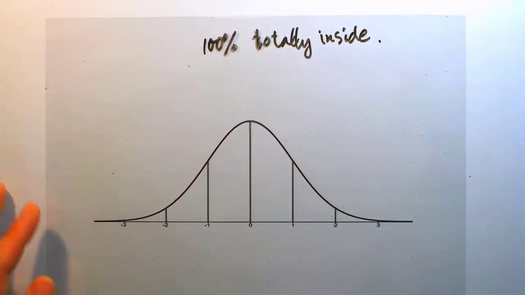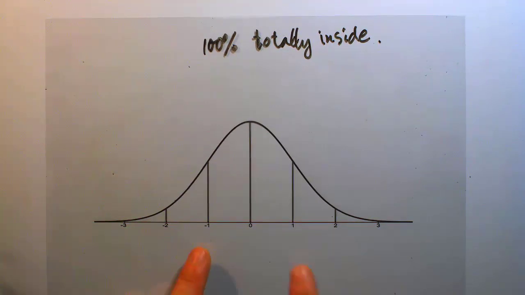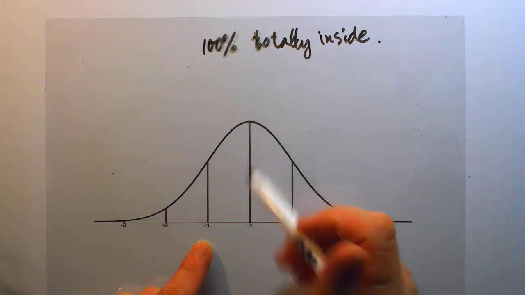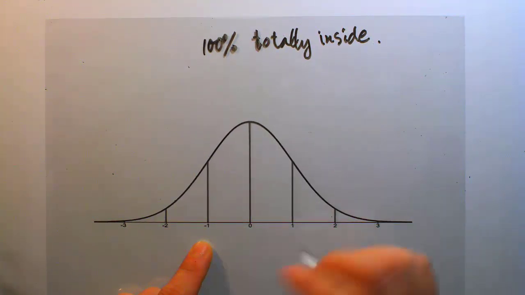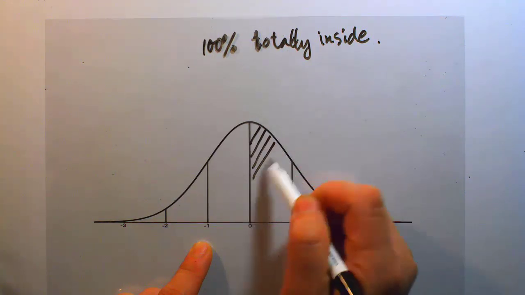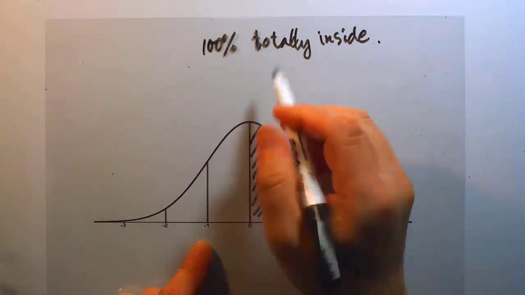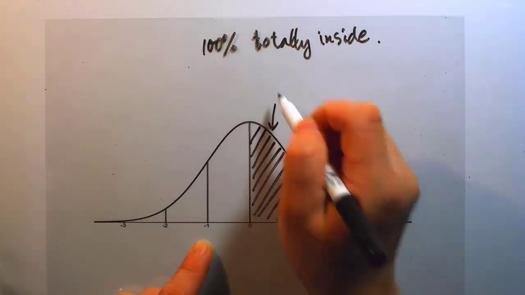So since the empirical rule says anywhere from 1 standard deviation below mean to 1 standard deviation above mean was 68% data in there, and now we have proven previously that this amount of area I'm shading here, let me make a label, 34%.